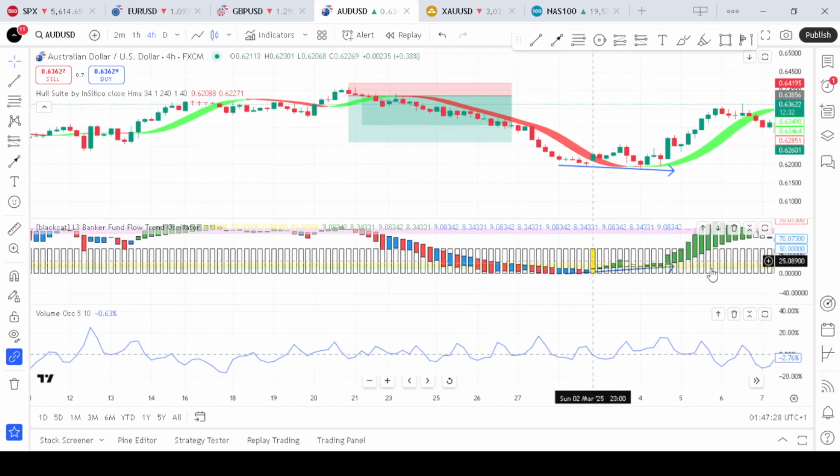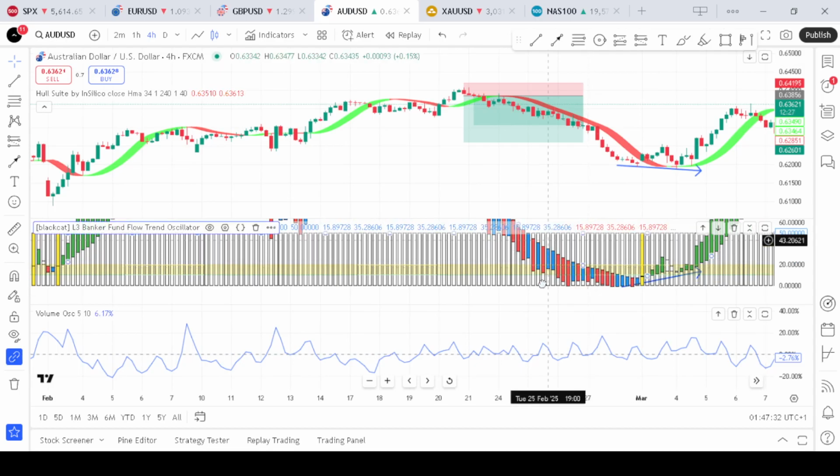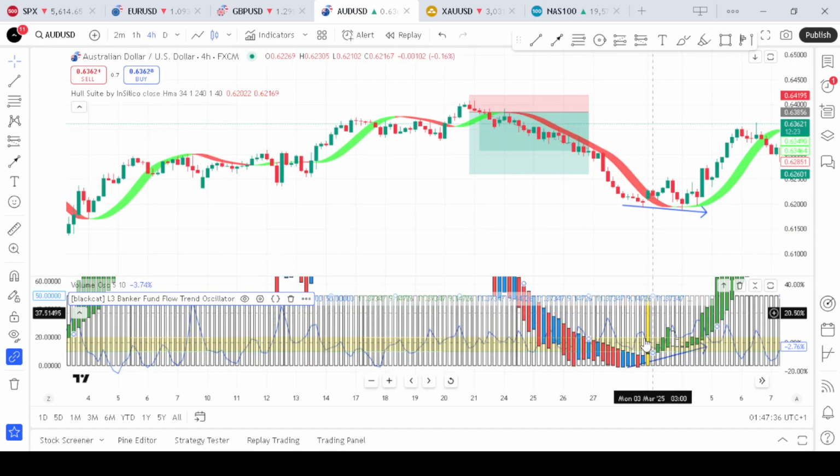Let's see if we can spot one of these bearish divergences so that we can better understand what divergence is with this strategy.